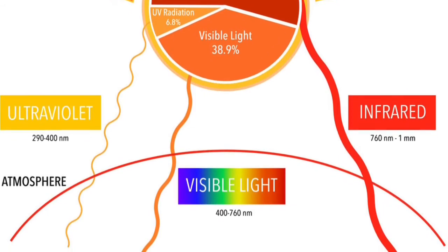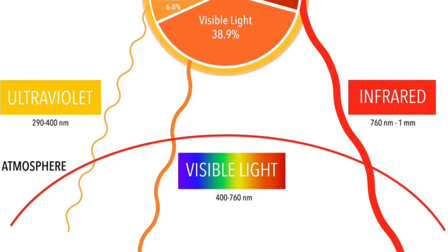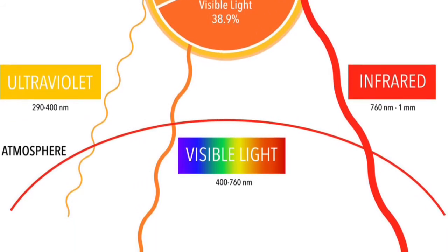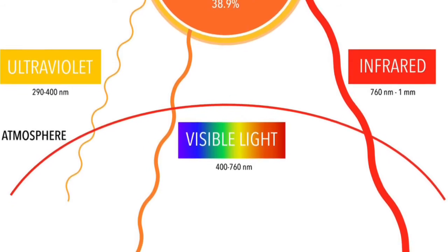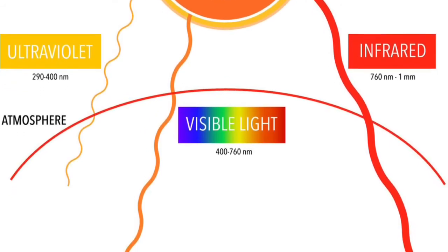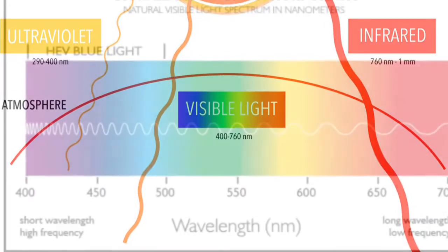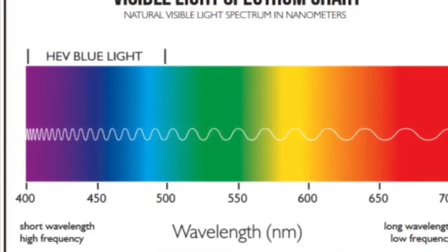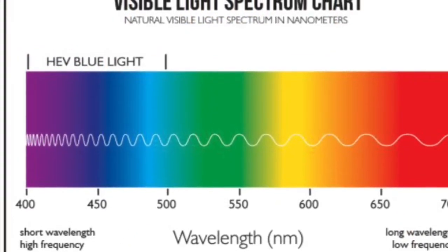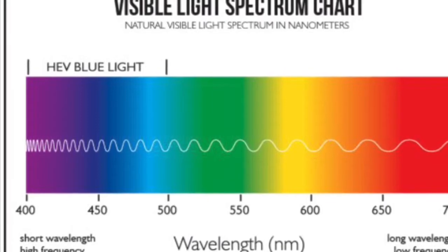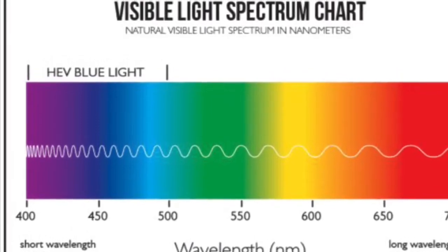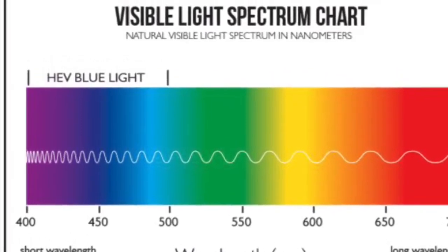These rays are invisible to the human eye and are ranked as far as their length: the UVA, UVB, and UVC. We'll discuss that later. Again, visible light is the only band of solar radiation we can see and is about 38.9% of the energy given out by the sun.